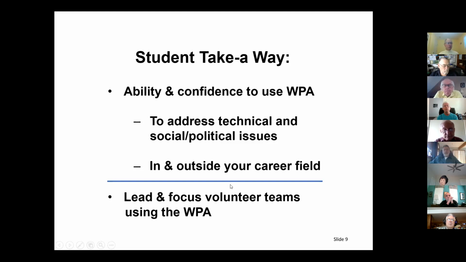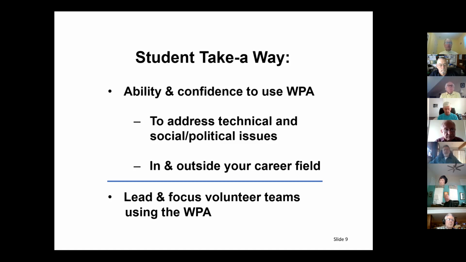Now, in terms of what we hope to accomplish, our goal is to provide each of you with both the ability and the confidence to actually use this wicked problem approach to take on wicked problems, whether they be technical problems or social political problems, whether inside or outside your career field.